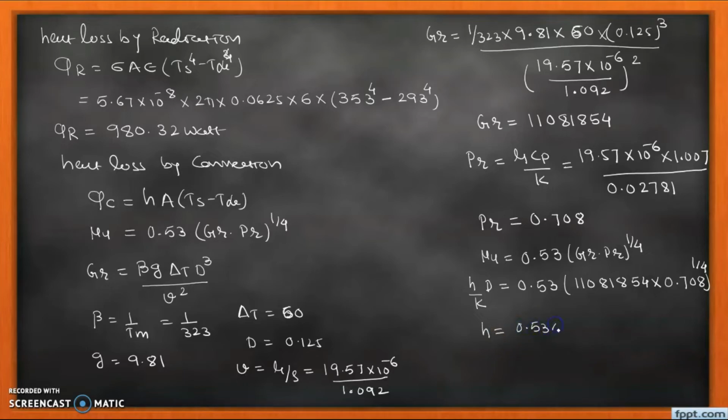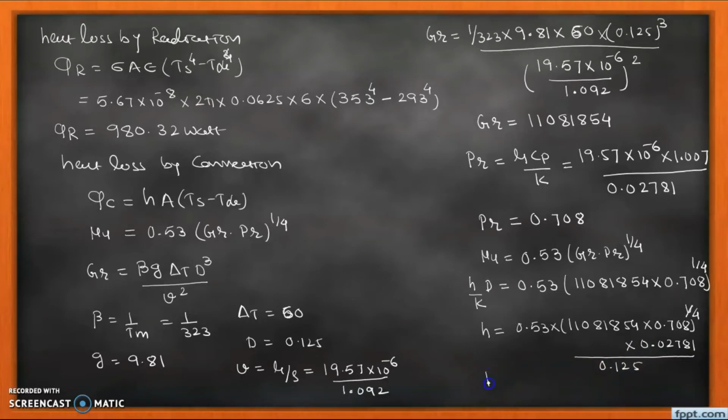From that we have the value of h equals 0.53 into 110,81854 into 0.708 whole to the power 1 by 4, into the thermal conductivity 0.02781, divided by the diameter, that is 0.125.